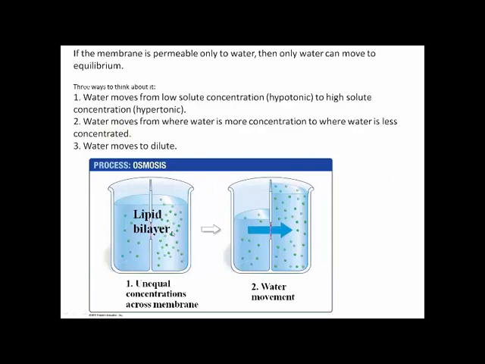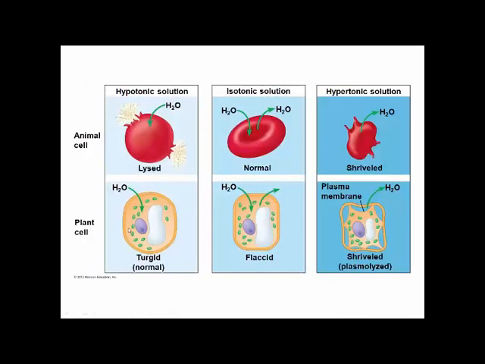Now imagine if the hypertonic solution was outside of the cell, and the hypotonic solution was inside of the cell. If a cell was in hypertonic solution, water would move out because there's nothing stopping it. And in that case, you get a shriveled up cell, or plasmolysis. And the same thing does happen in plant cells. Water leaving the plant cells causes this plasmolysis of the cell. You could see an example of this if you were to place two stalks of celery, one in pure water and one in salt water.